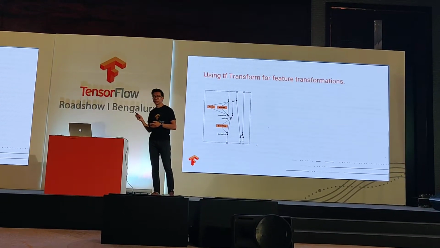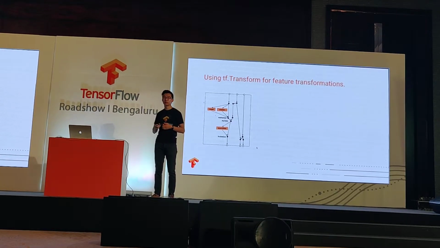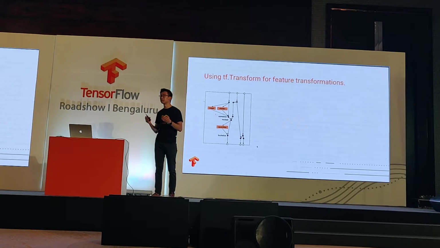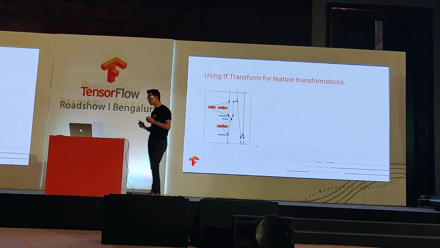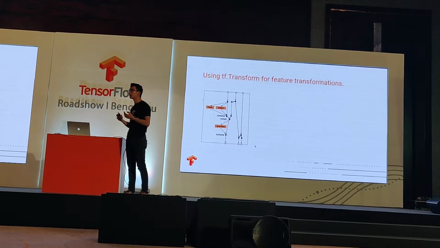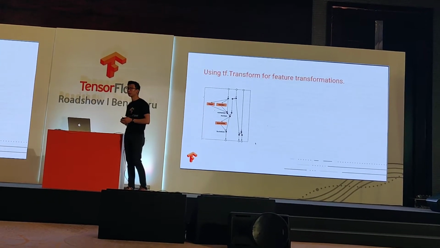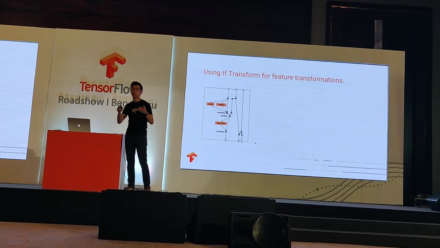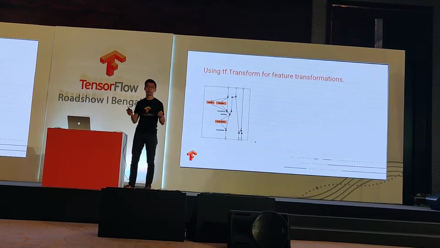And let me give you a concrete example of why this is useful. A common transformation for numeric features is mean normalization. And what this means is that you take a numeric feature and you subtract the mean and you divide by the standard deviation. And both these values, the mean and the standard deviation, they require a full pass over your entire data set to calculate.